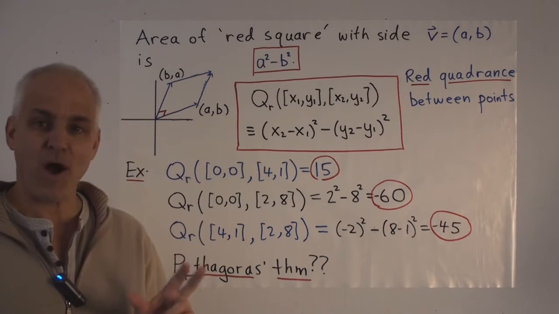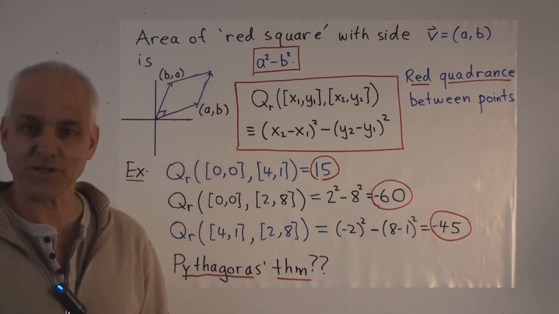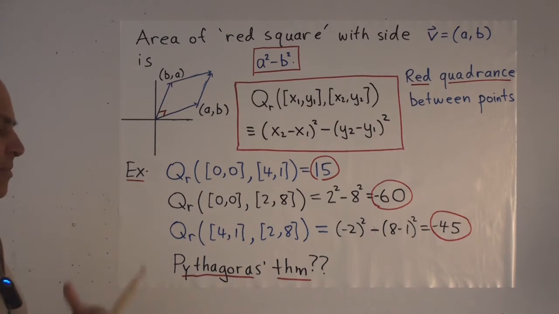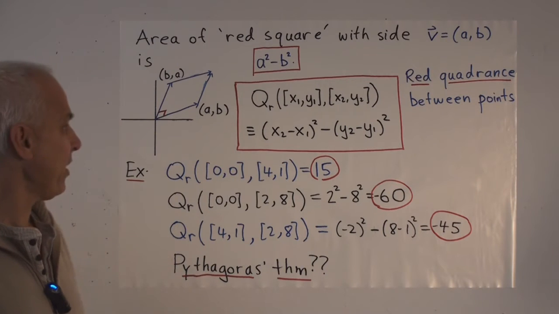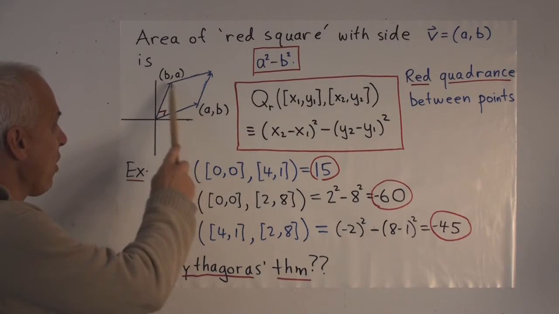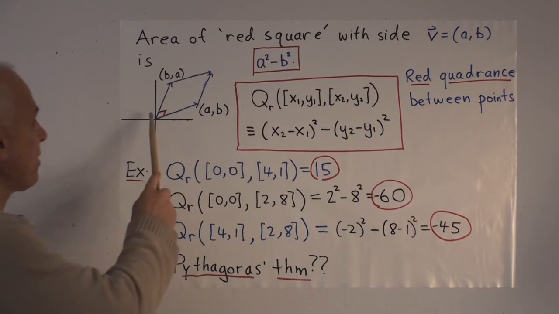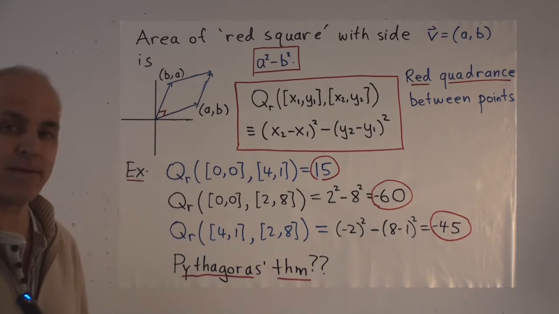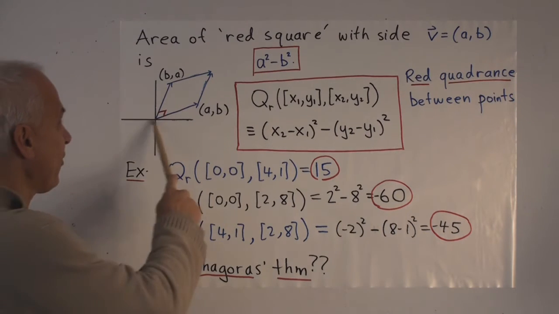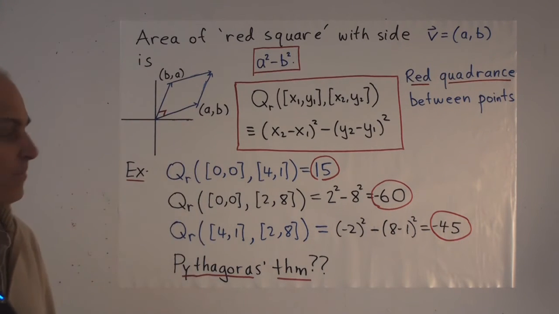The way we defined quadrance initially when we started this series was in terms of the area of a square. So we can proceed in a parallel way here. If that's a, b and that's b, a and these two are perpendicular, we can think of this as being an analog of a square in the red geometry sense. So this is what we'll call a red square.